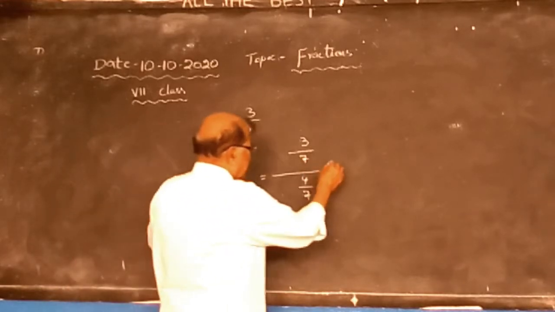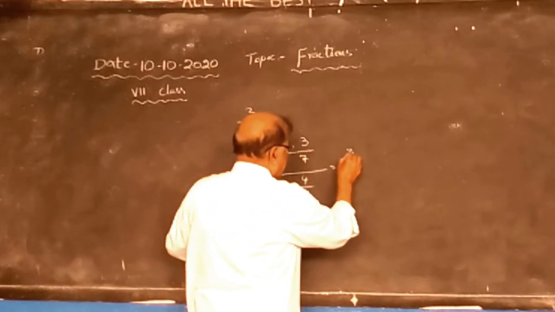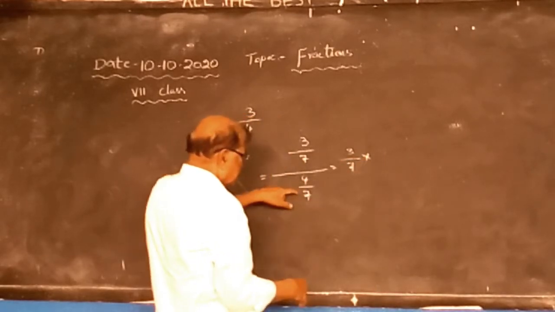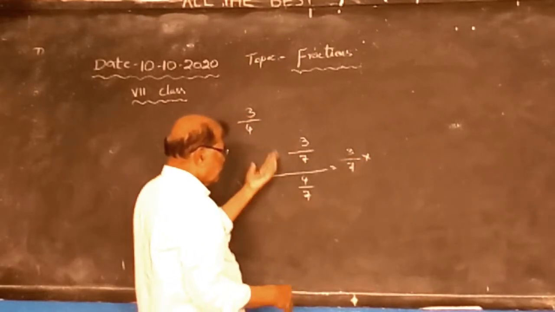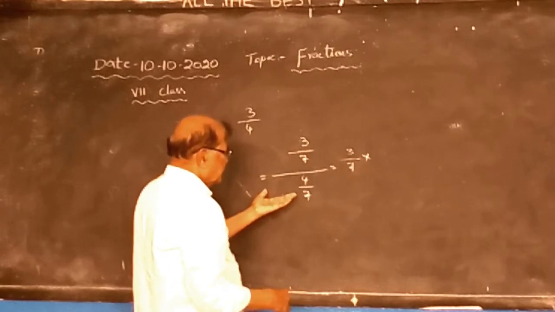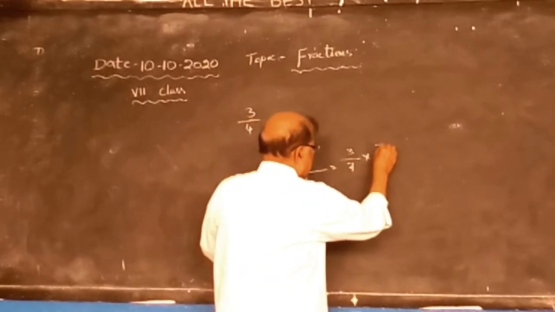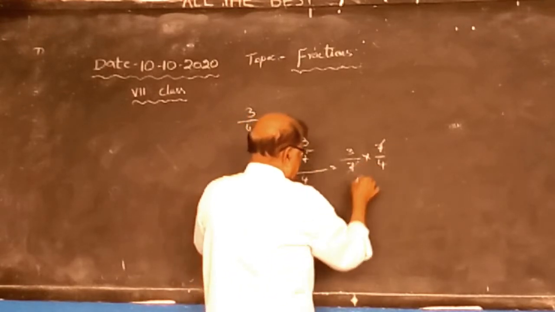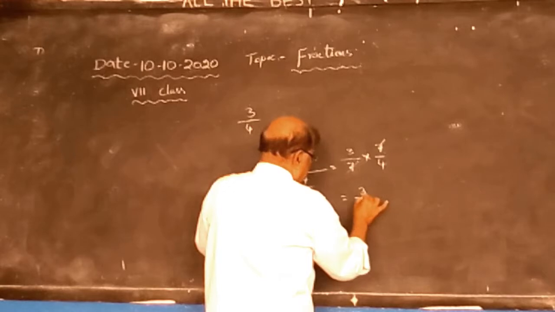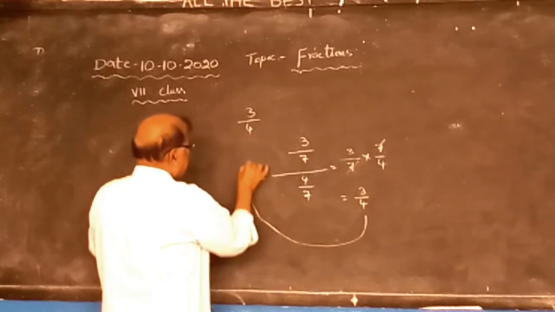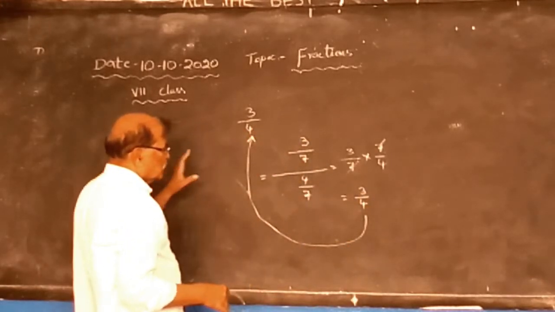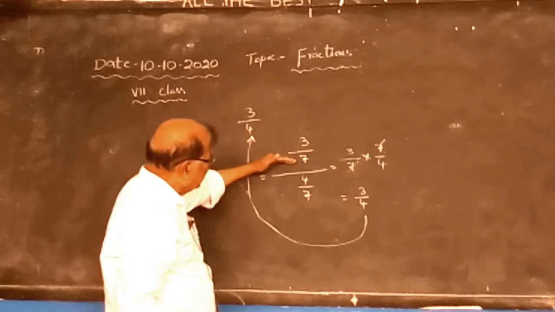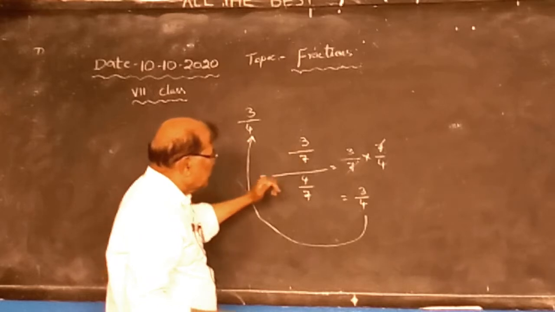So what we get here? 3 by 7 into inverse, division is the inverse of multiplication. So 7 by 4. So here 7 gets cancelled. Then you are getting 3 by 4. So the value of the fraction does not change by dividing the numerator and denominator with the same number.